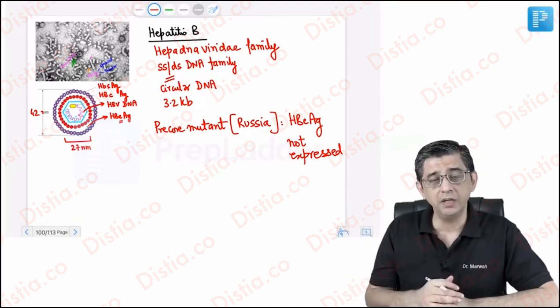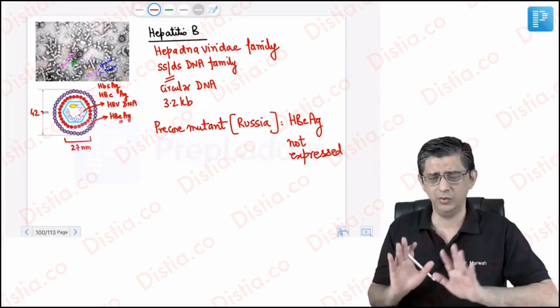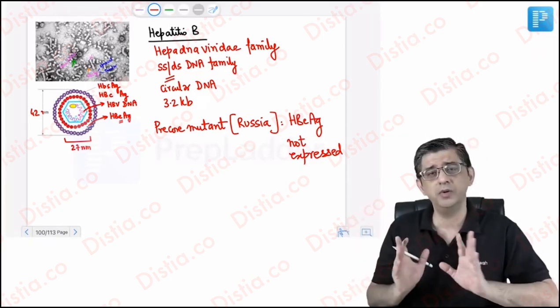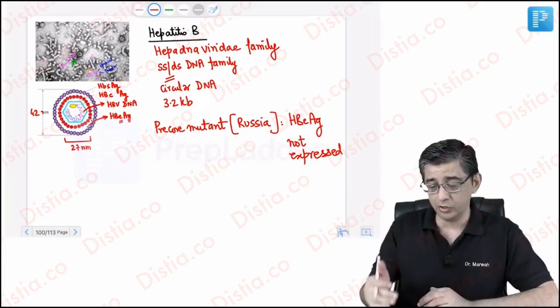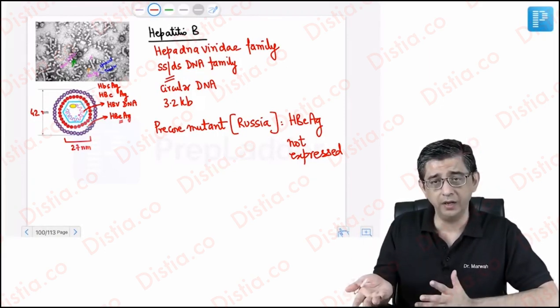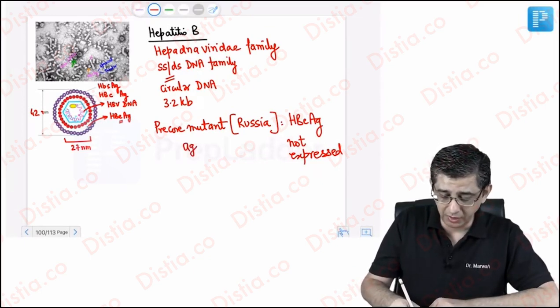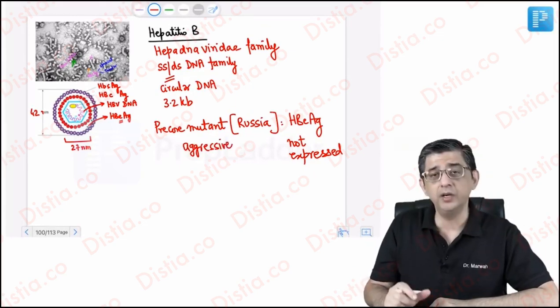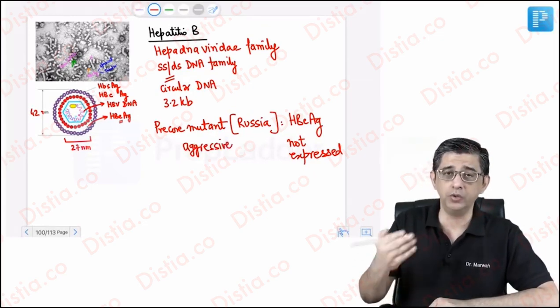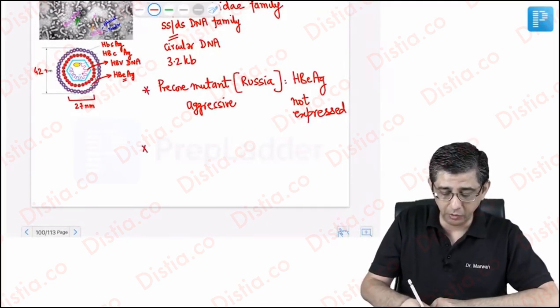Similarly here, if you are not aware that the virus is replicating, you are calm, you are relaxed, you are thinking, okay, the virus is sitting comfortably, it's not causing any damage. Because the body is under the impression that the virus is not replicating, the damage caused by this virus is relatively more. So this is considered to be an aggressive variant of the virus as compared to the Indian virus per se. So this would be the detail for the pre-core mutant.